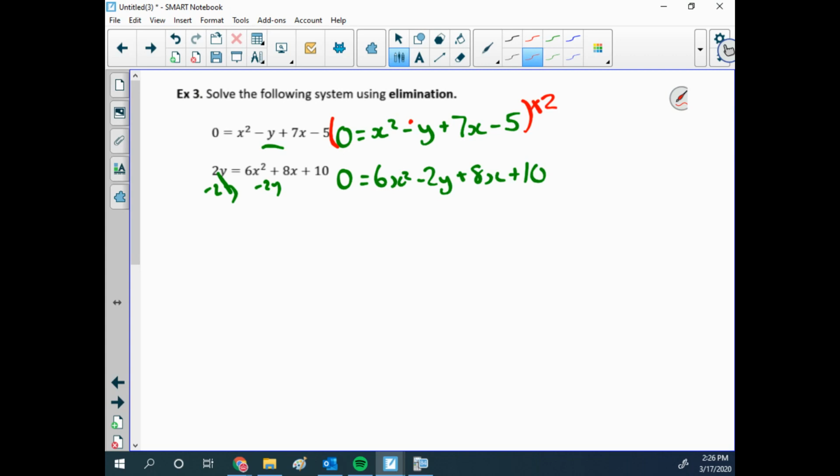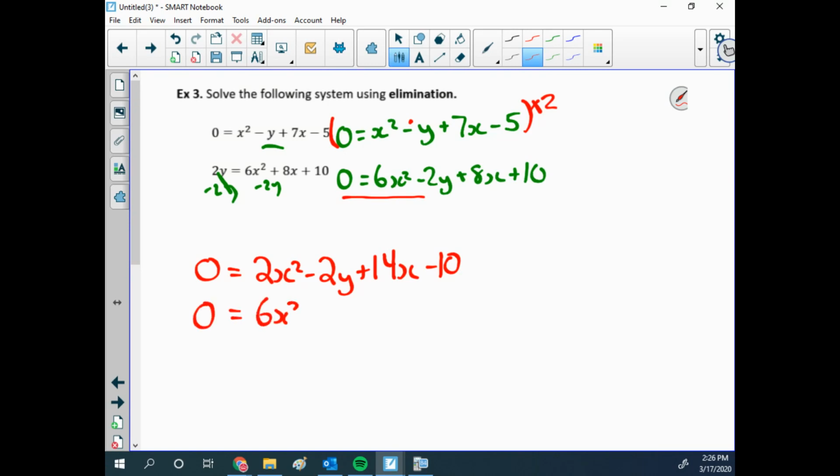So this would become 0 is equal to 2x squared minus 2y plus 14x minus 10. And I haven't changed this equation because the y was already what I wanted it to be. So 0 equals 6x squared minus 2y plus 8x plus 10.